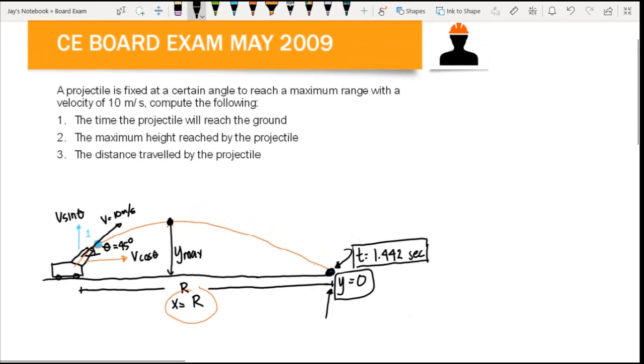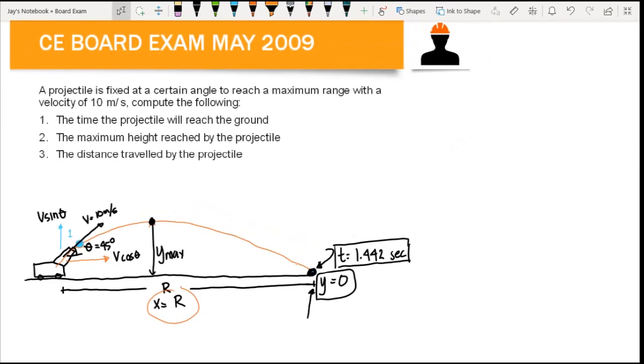So that means we can compute the range by using the formula. Of course, velocity is equal to distance over time. Since we are referring to the range, we will be using here the distance. So distance is equal to velocity times the time. So in this case, d is the range, r.